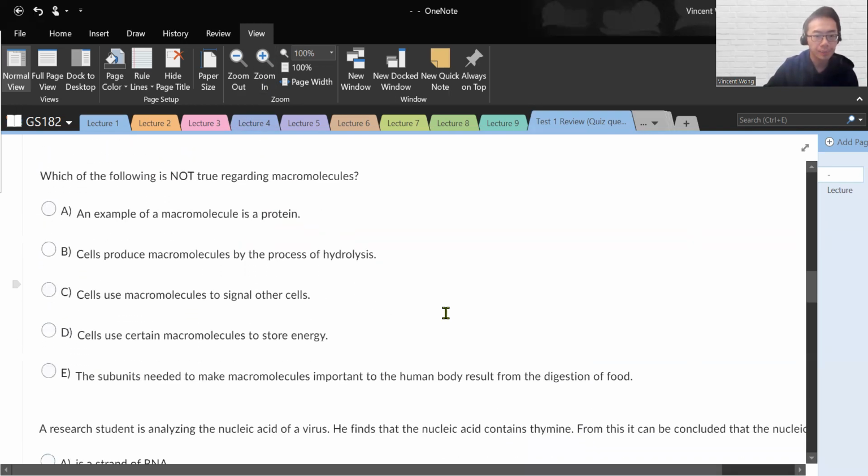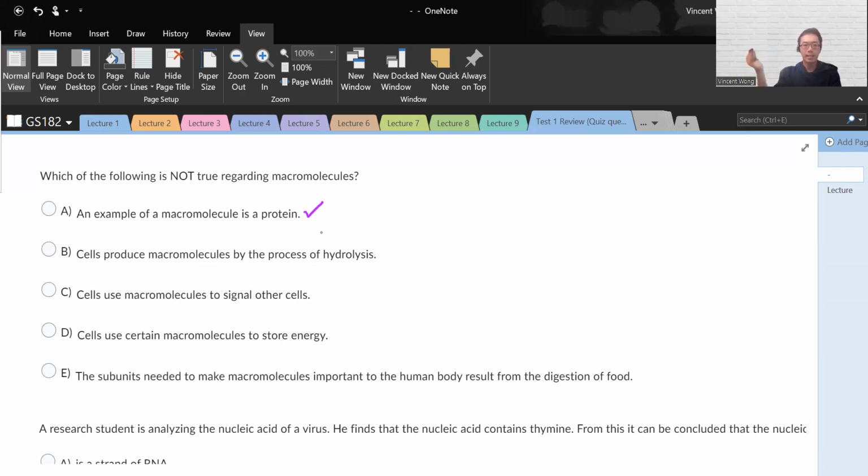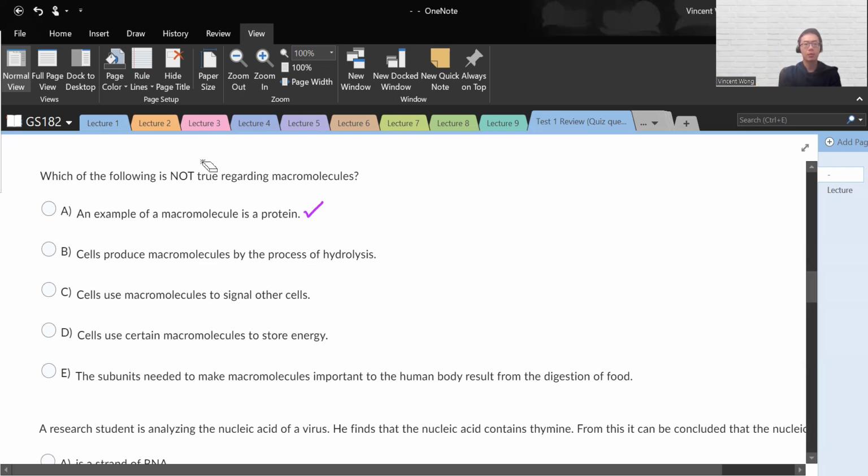Okay, this is another one. Which of the following is not true regarding macromolecules? An example of a macromolecule is proteins. That's definitely true. There are 4 macromolecules: carbohydrates, proteins, nucleic acids, and lipids. So that's correct. We're looking for the one that's not true.